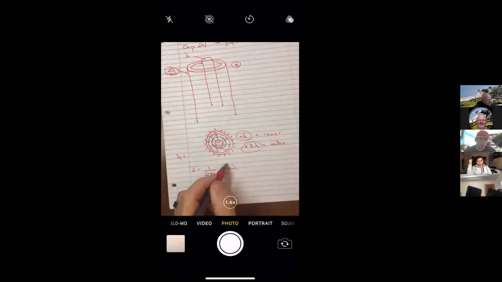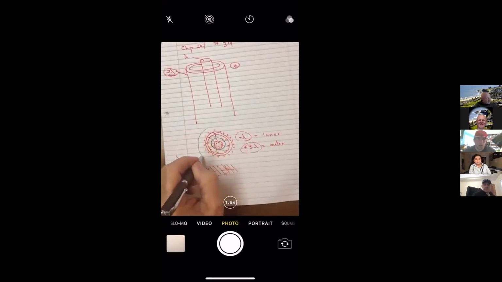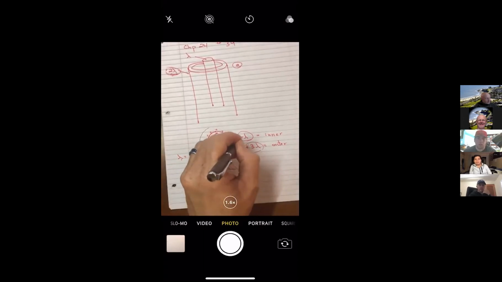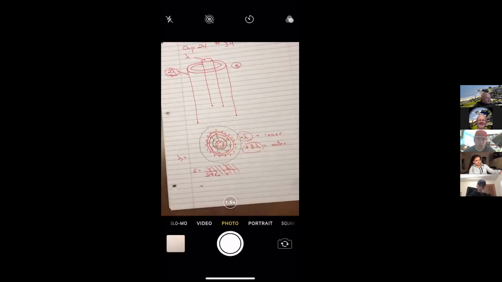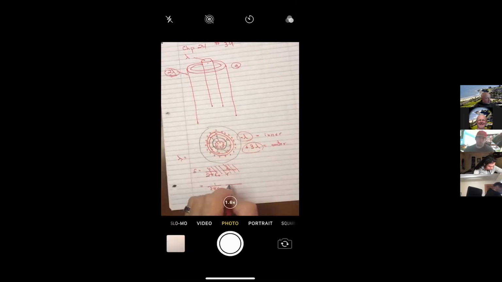Let me try it again. Is that the total of everything outside? Yeah. So outside would be this. And in order to get out there, you need 3 lambda. It's everything inside, which is the 1 and the 2. I'll just write it as 1 plus 2. And so it's 3 lambda.